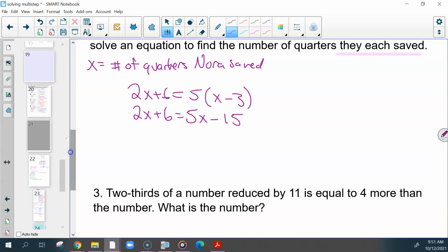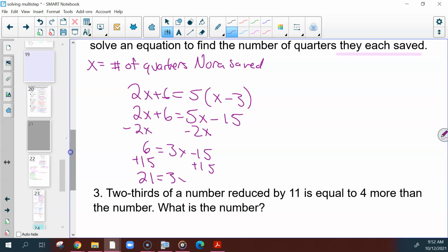What do we want to move? 2x. So subtract 2x to the other side. If that's not what you chose, that's fine. And then because we moved 2x over here, we have to add 15 back. And then divide.